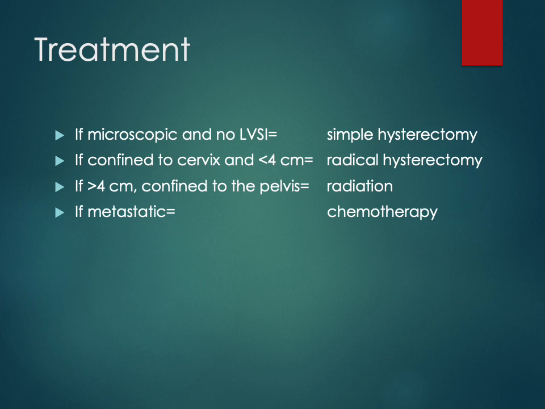If the lesion is greater than 4 centimeters and still confined to the pelvis, we can treat with radiation therapy, typically with cisplatin for sensitization. And then for metastatic disease, it's really just chemotherapy.